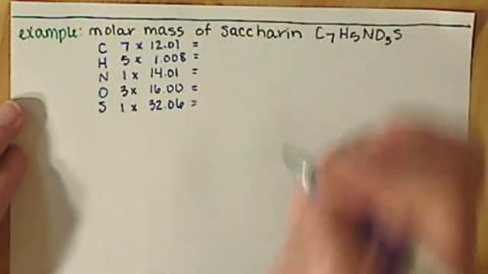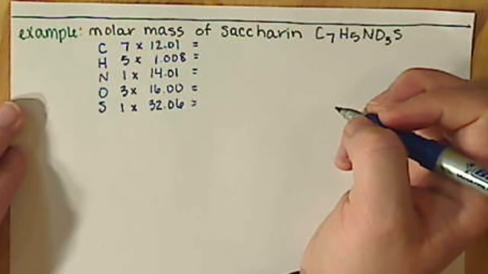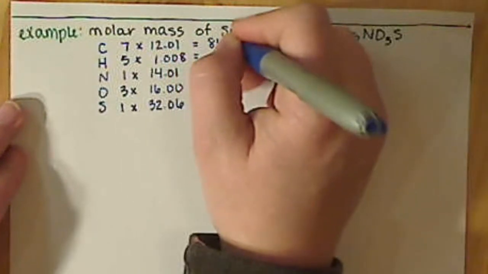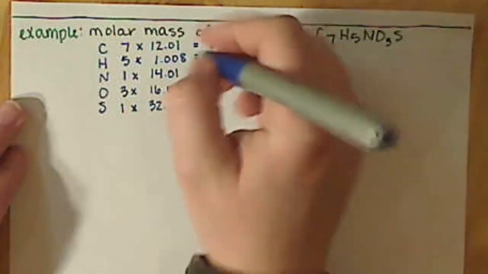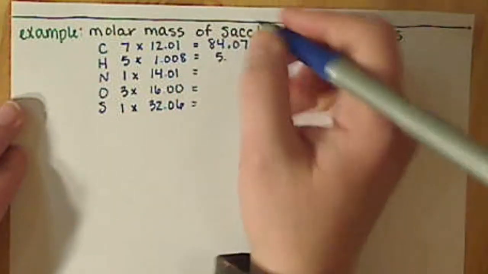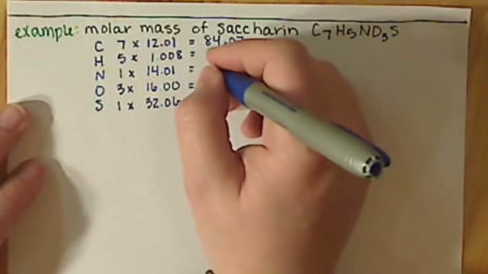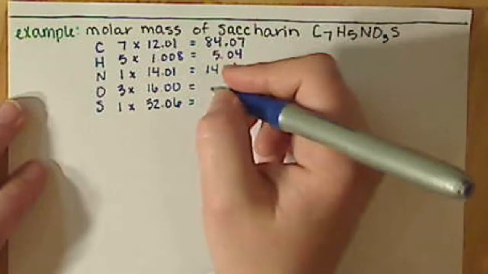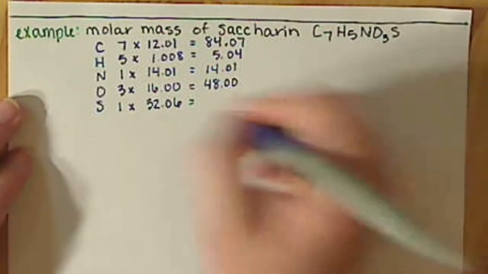So 7 times 12.01. 7 times 12 is 84. Then we have 0.07. Hydrogen, we have 5.04. Nitrogen, we're just taking 1 times that. 3 times 16, 48.00.